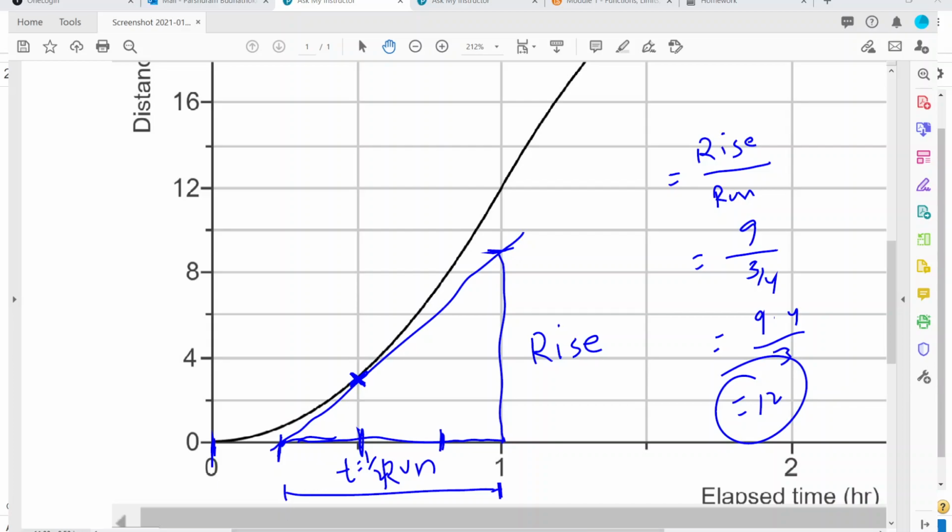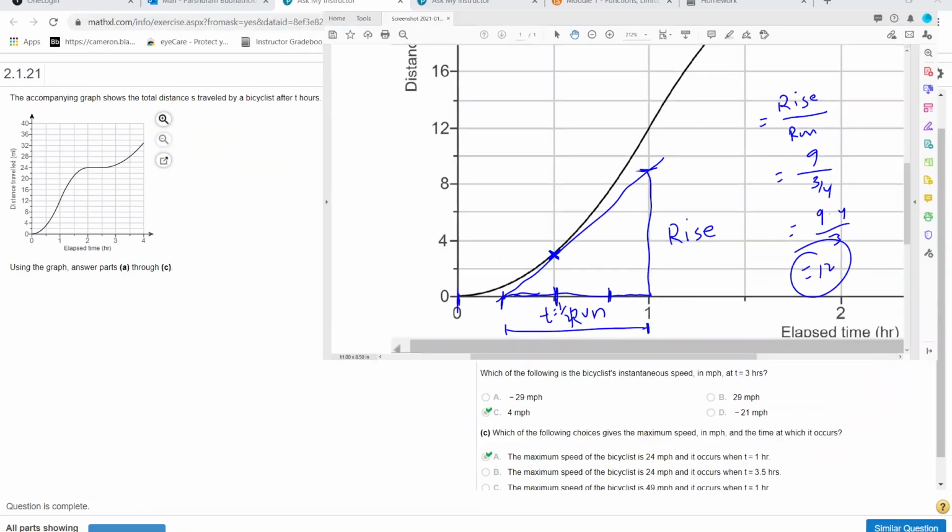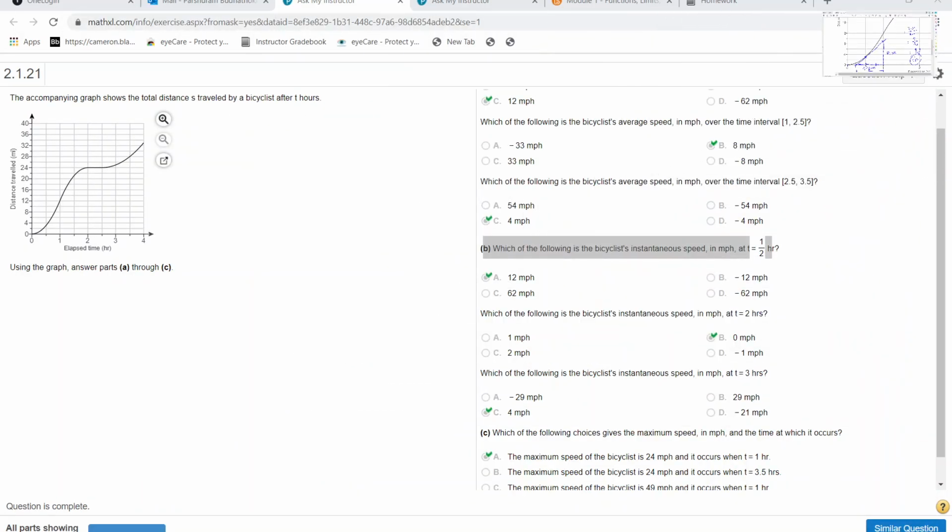And I'm going to talk about the technique as well. If you look at the options we have given here, the instantaneous velocity should always be positive, and so these two answers you can ignore. One of the answers is 62 miles per hour. Keep in mind, instantaneous speed, or average speed, you already found is 12 miles per hour from 0 to 1.